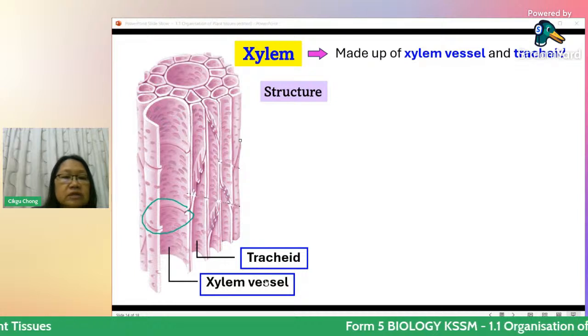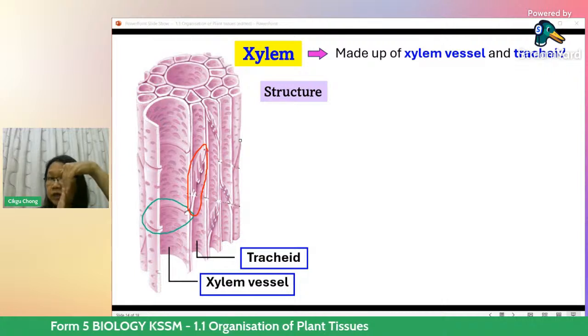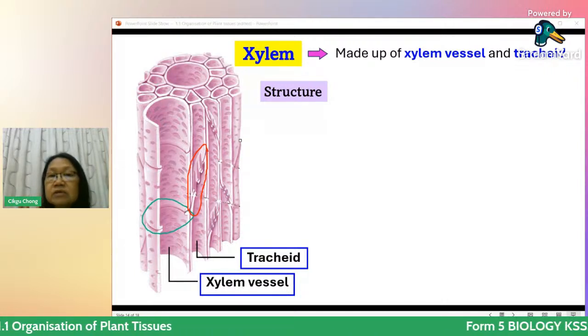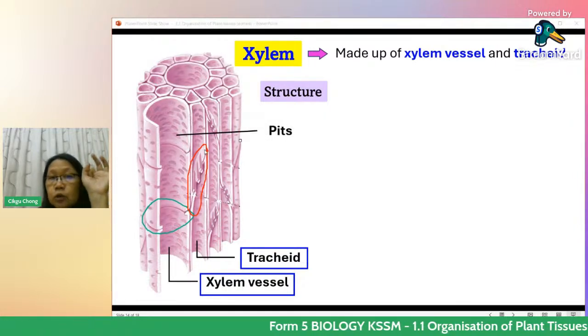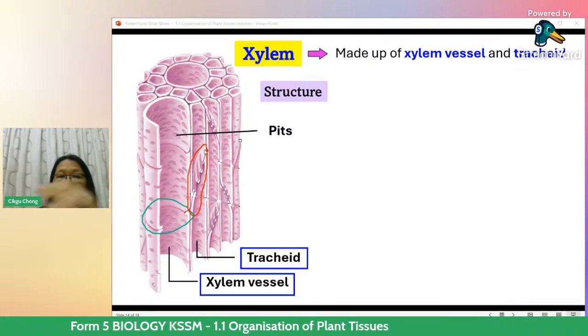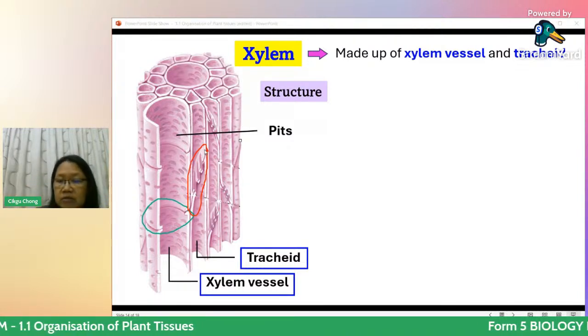So how do I draw this? In red color, see, the ends are pointed. That is how you identify xylem vessel from trachea. The pits are small little holes in between to allow water to be transported sideways also, not just up and down.